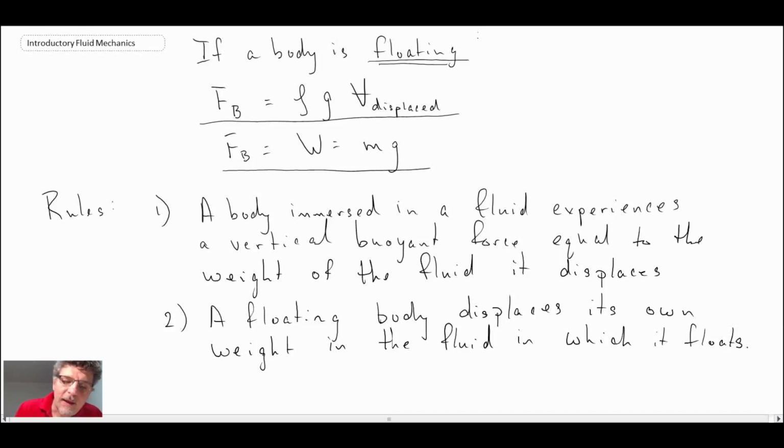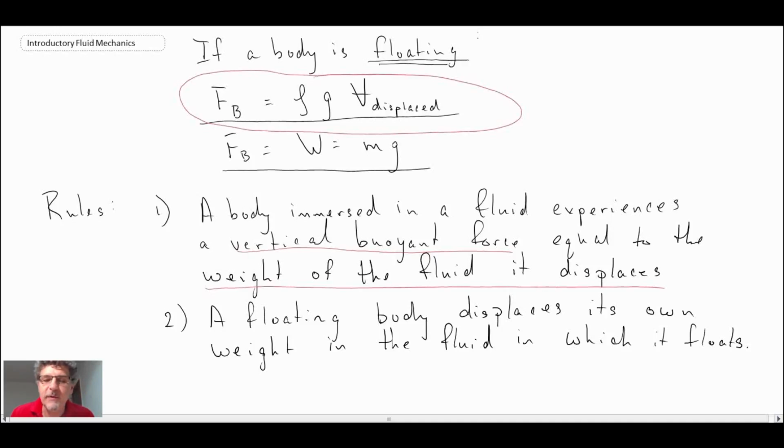One is that a body immersed in a fluid experiences a vertical buoyant force equal to the weight of the fluid it displaces, which we can see from this expression here. The other is that if there is an object floating in water, or in any liquid, the amount of liquid it is displacing is equal to its own weight, and that's where you get the stability.